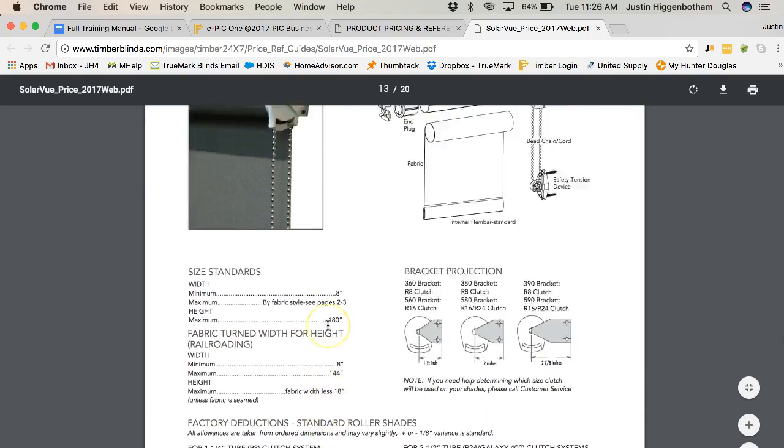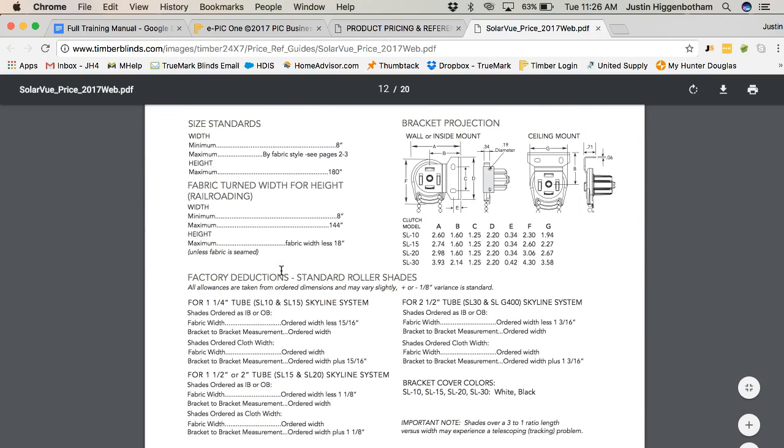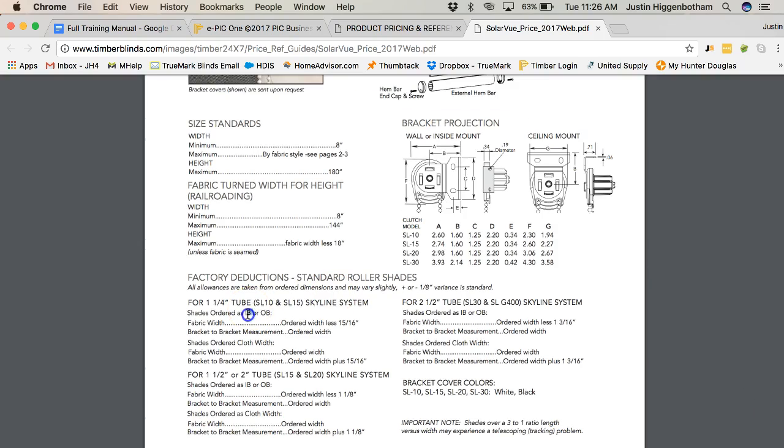So for each one, it gives you the fabric deductions. Basically what fabric deductions are: you can mount window treatments on the inside, which is IB, inside bracket, of the window, or on the outside. A lot of times there's trim around the window, and we can get into more of this later. But if there's enough depth in the window, we normally mount inside.